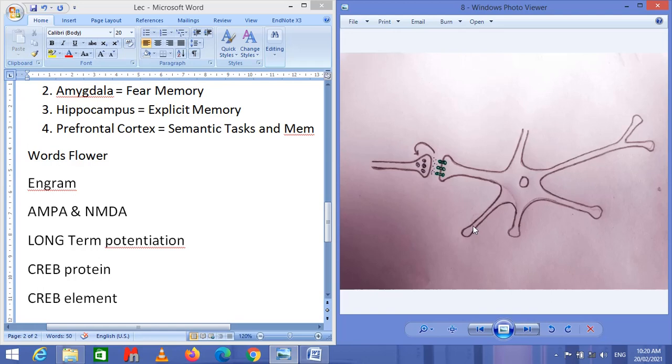So if the action potential goes to a special nerve terminal, that will show a specific memory. For example, this nerve terminal will show a different memory, and this nerve terminal will also show a different memory.